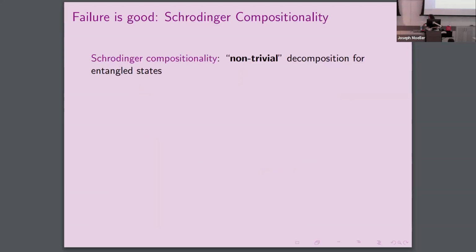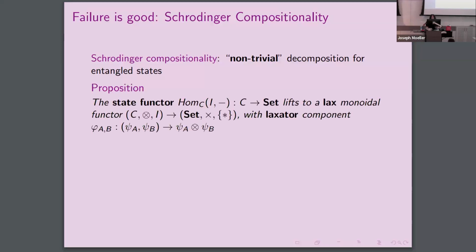But there are other times where failure of compositionality is actually good. And this is the case with Schrödinger, right? Schrödinger compositionality describes, again, all the situations where you cannot decompose something in a trivial way into its parts. So entangled states are an example of that.